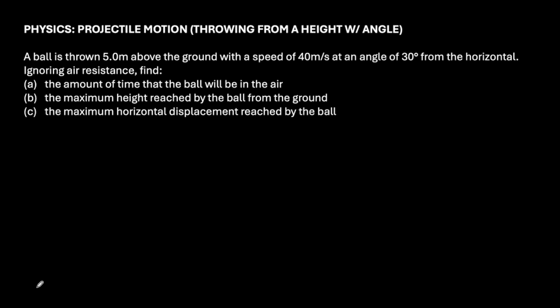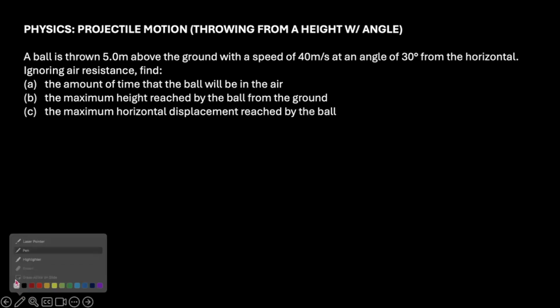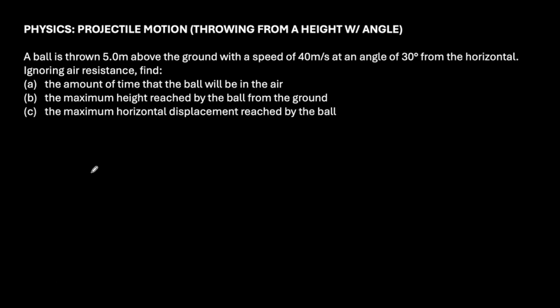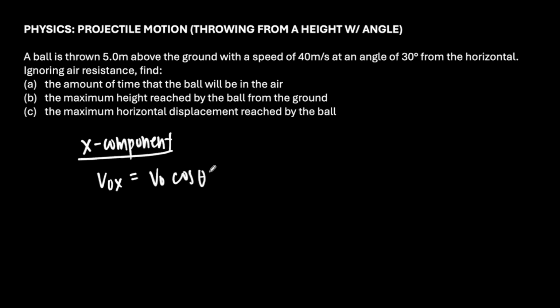So we know that in projectile motion, we have the x and y component of the velocity. Let's break down the formulas first for the x and y components. For the x component, the initial velocity in the x direction is equal to the initial velocity at which it is thrown times cosine theta.